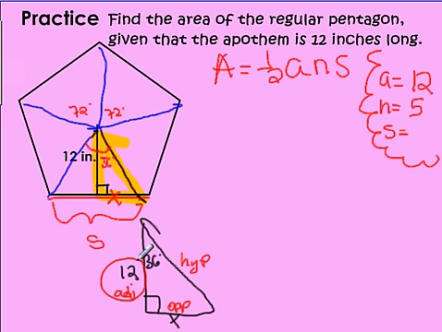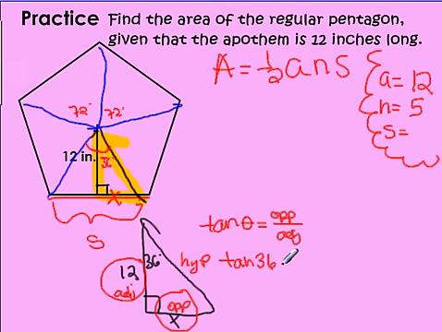And we'll need to identify the trig function that uses the opposite and adjacent side. And that ratio is tangent. Tangent of theta is equal to opposite over adjacent. And then we can substitute the values we know. So tangent of 36 degrees is equal to x over 12.